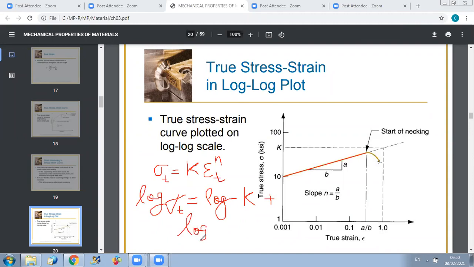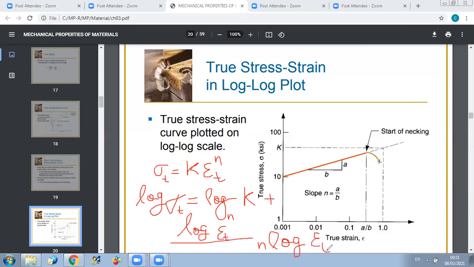And from log properties, log of epsilon to the power n can be replaced by n times log of epsilon. So if you plot log of sigma true versus log of epsilon true, you will have a linear variation, because it's a constant plus n times log. So this is a linear variation.